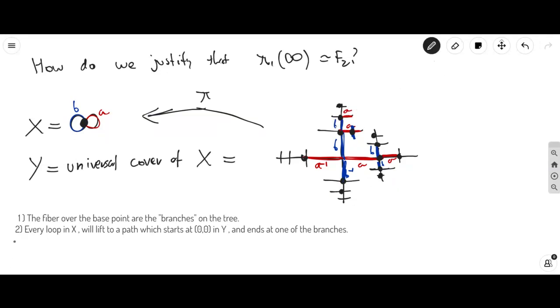And once you've made that choice, when you lift your loop, its terminal point will stop at one of these branches. And then the third thing you want to notice is at each branch, there is a unique path along the horizontal vertical segments from 0, 0, that's the initial condition, to that branch.